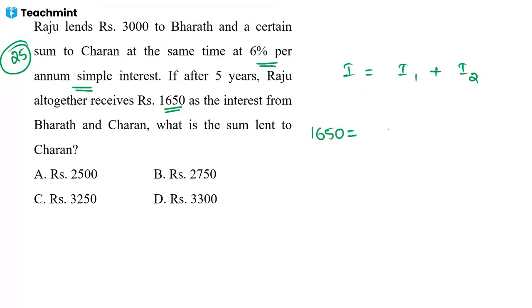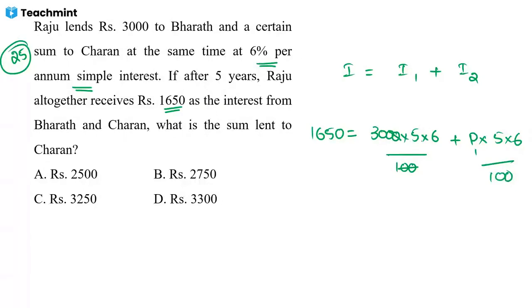The first interest is for 3,000. P is 3,000. Time is 5 years. Rate of interest is 6%, means R should be 6. PTR by 100. Whereas the second one is given to Charan. We don't know how much amount is given, so P1. Time is 5 years. Rate of interest is 6 divided by 100 only. Now this will give 900. 900 we'll get it here.